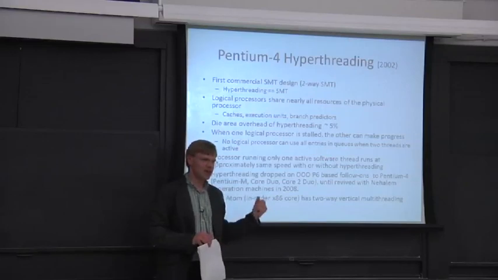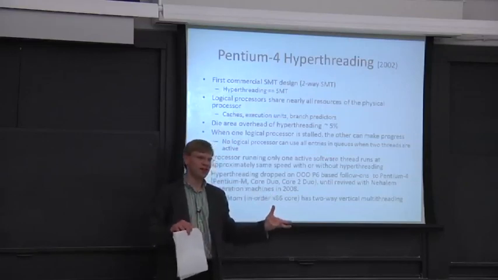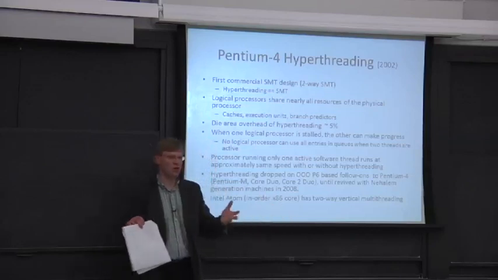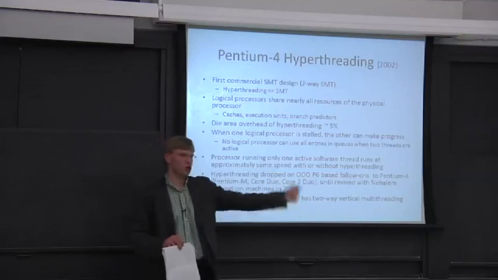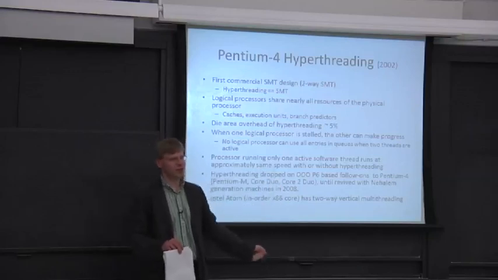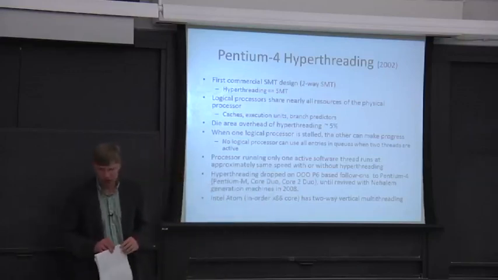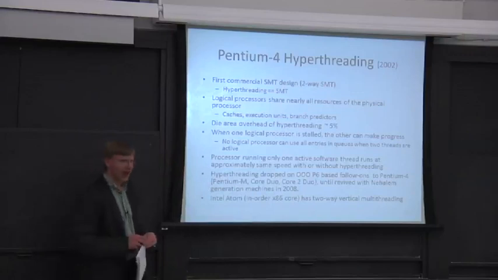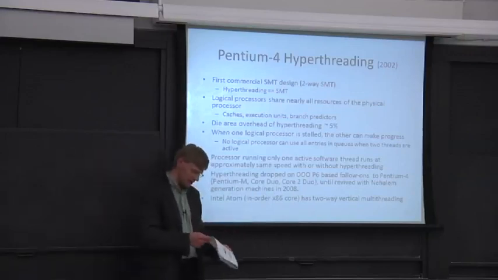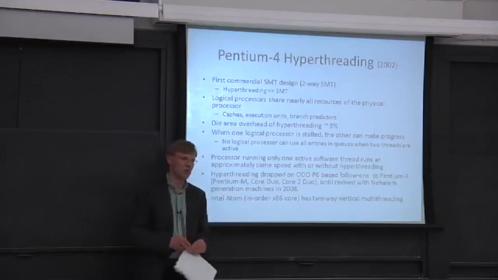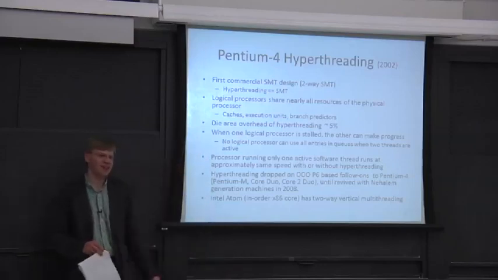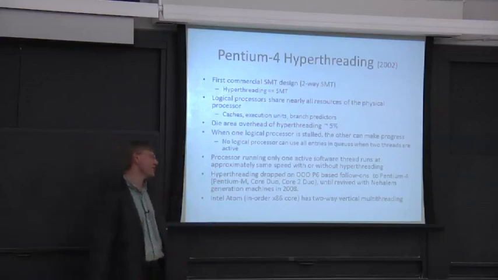To some extent, what that meant is they didn't size those structures correctly to be running in multi-threading mode at all times. And the switch was not like a little switch. It was like a big switch. You had to reboot your computer to change the switch. It was a boot time parameter to the chip. And this left such a bad taste in Intel's mouth that simultaneous multi-threading got kicked out of Intel land for a few generations.